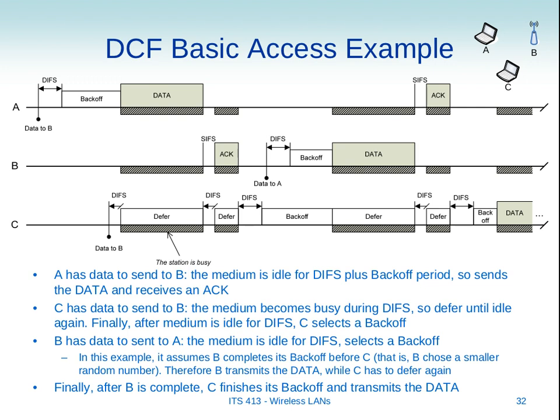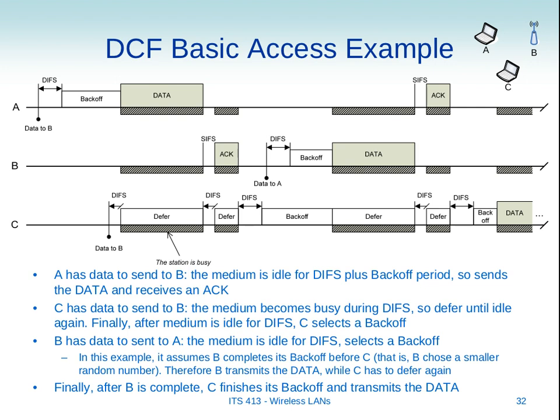Now we see there, related to the question, because the short interframe space is shorter than the DCF interframe space, DIFS, by definition it's shorter, both of these stations, B and C, had the medium be busy at the same time and it became idle at the same time. B had to wait for the short interframe space before it could send the ACK.